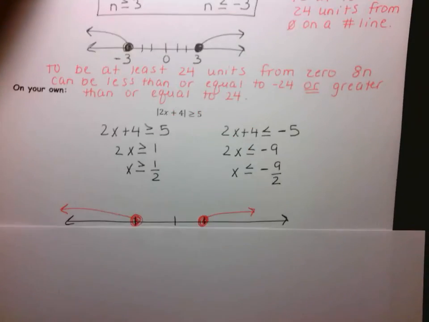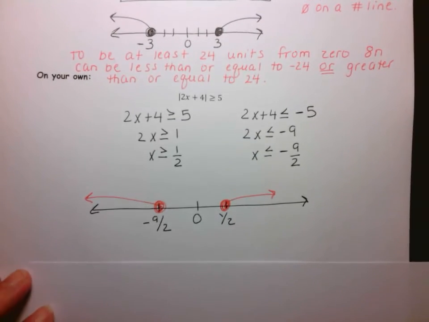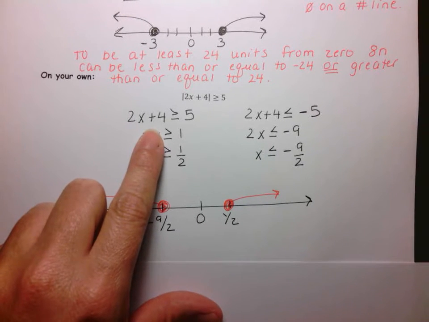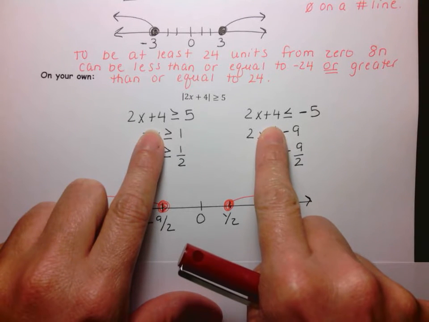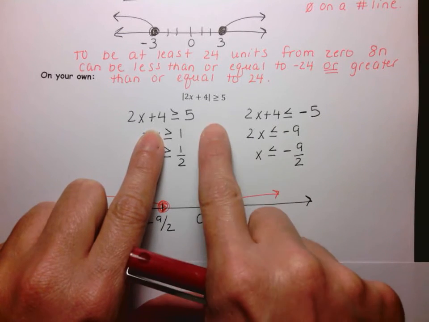Okay, so this is the on your own problem. What I did was I said 2x plus 4 is greater than or equal to 5, or 2x plus 4 is less than or equal to negative 5. Because think about what this means.